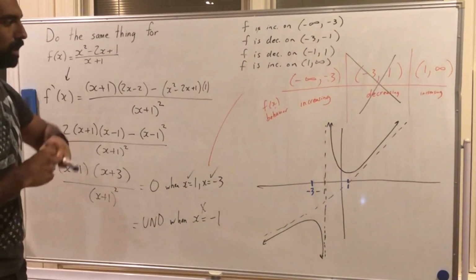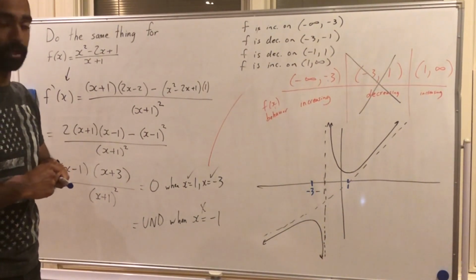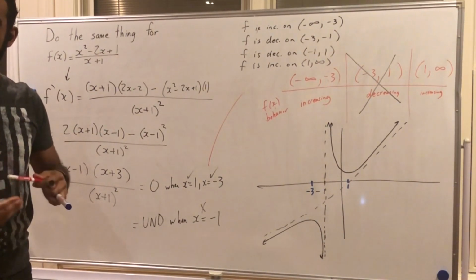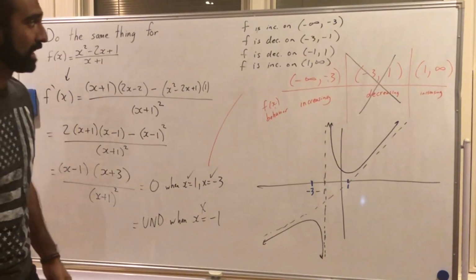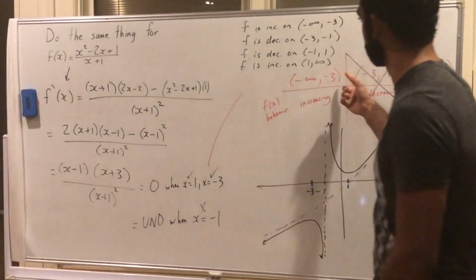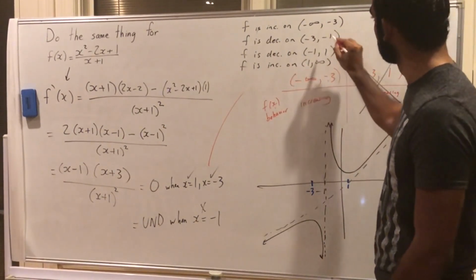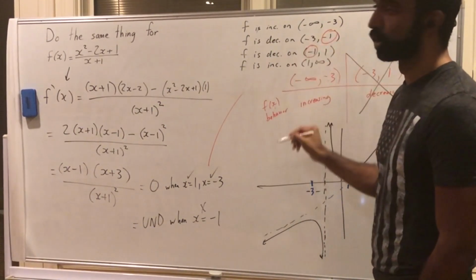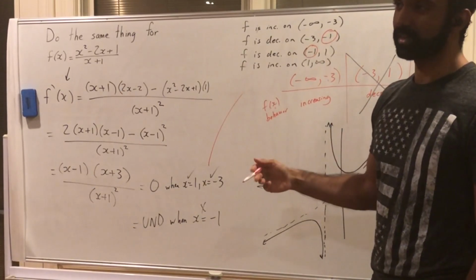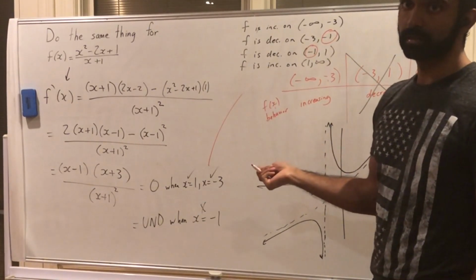In other words, when you're doing interval testing to determine intervals of increase and decrease, it's not enough to include just the critical numbers. You have to also include, in your interval testing, the vertical asymptotes. So you have an additional interval to test. So don't forget that.